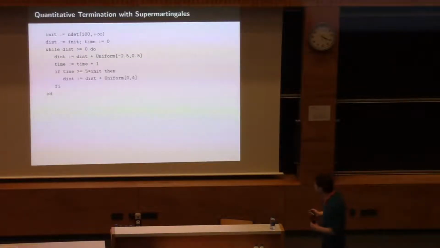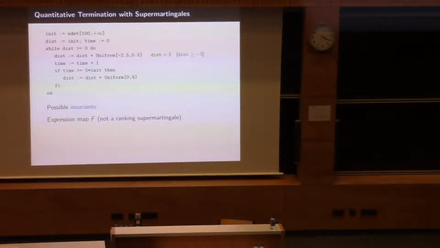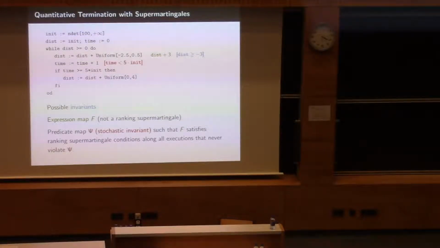So let me return to the original program. Here, of course, dist plus 3 is no longer a ranking supermartingale, because there are paths through this loop, namely the ones that go through this if branch, along which the value of this function increases, even on average. But a simple thing that we can do is put some additional assertions on some program locations, such that this function satisfies all the ranking supermartingale conditions in each program state that satisfies these new assertions.